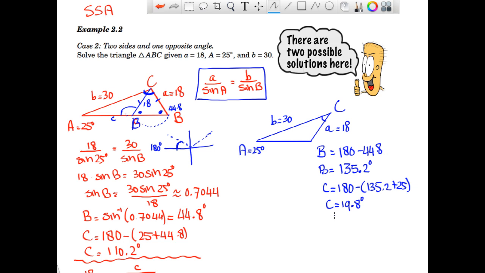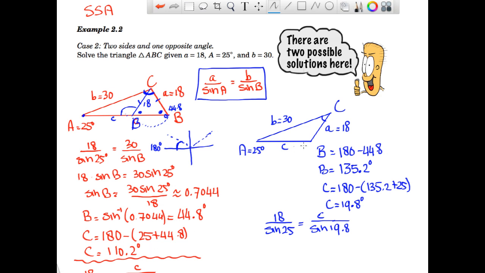Let's see, well, if C is different, then little c would have changed as well, wouldn't it? Okay, so now I am still going to use A over sine A, because that is what was given to me. So I'm going to say 18 divided by the sine of 25 is equal to little c divided by the sine of 19.8. Okay, and hopefully you can feel that C was a rather large side because it was a large angle.